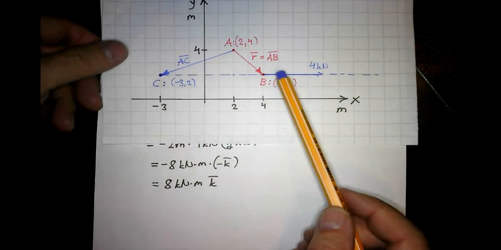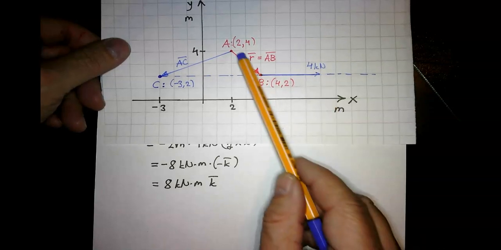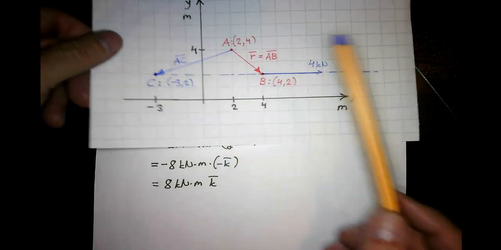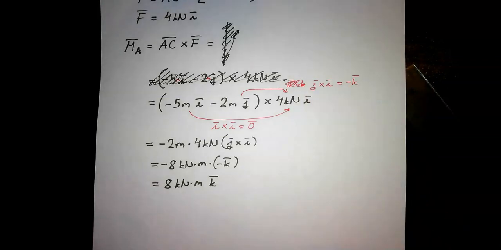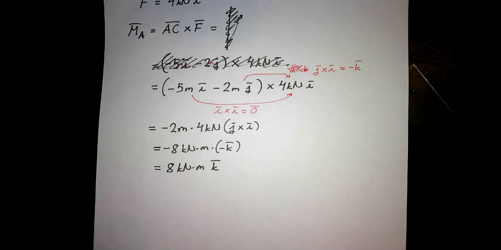So totally different vectors. The force vector was the same, but these R vectors were different, and still we got the same result. So this gives us the possibility to choose the simplest possible vector.